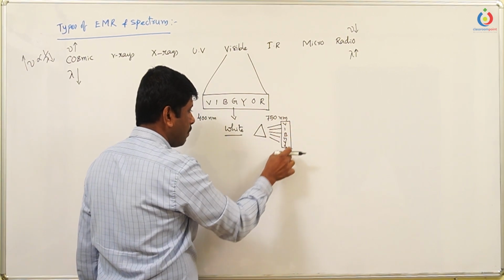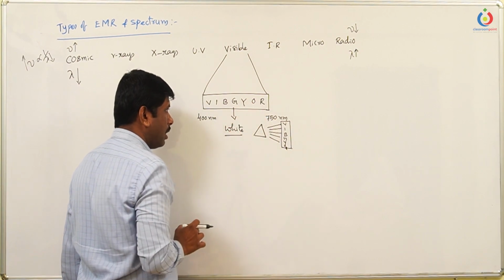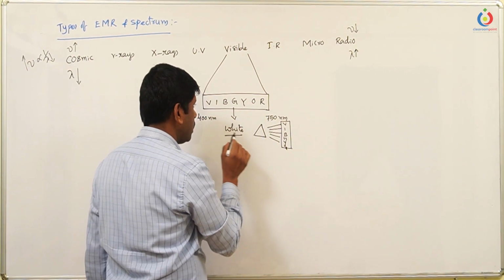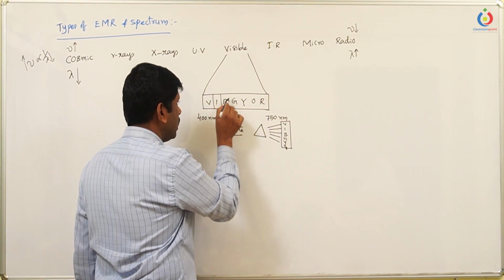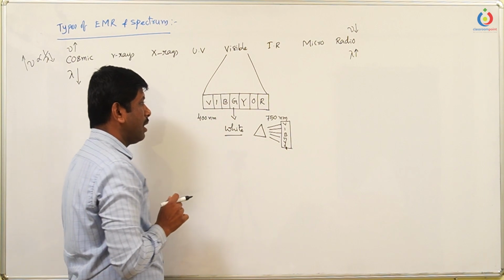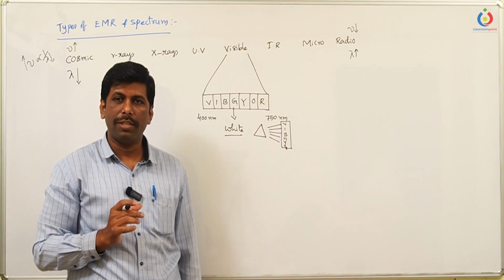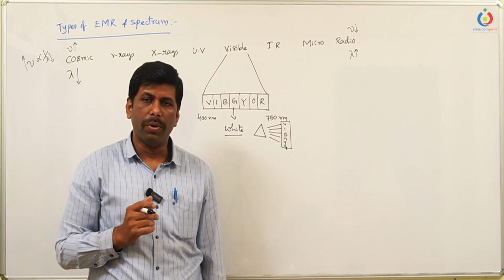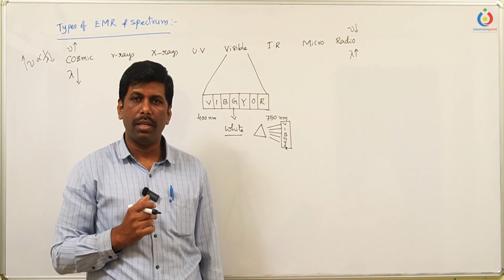This arrangement of the lights, whatever radiations are there, we can get on a photographic plate. That is again called a spectrum. So the arrangement of the various types of electromagnetic radiations on a photographic plate is known as the electromagnetic spectrum.